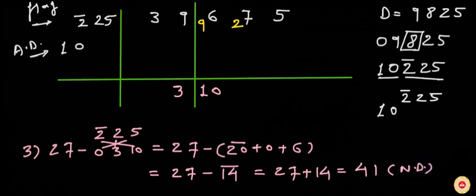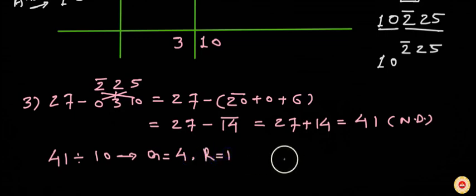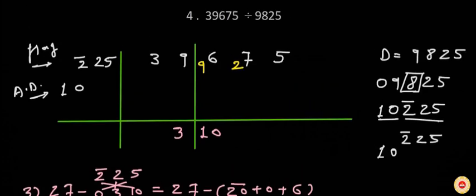41 is the net dividend, and let us now divide 41 by the actual divisor 10, which gives us quotient 4 and remainder 1. Let us write quotient 4 below the gross dividend 27, and let us write remainder 1 as a prefix to the next digit in the dividend, which is 5.